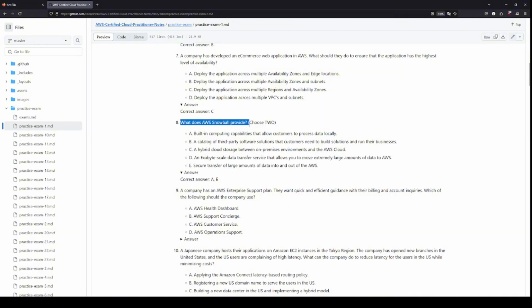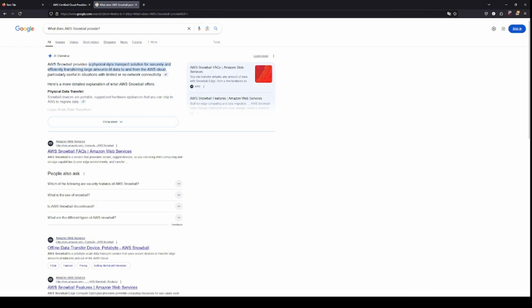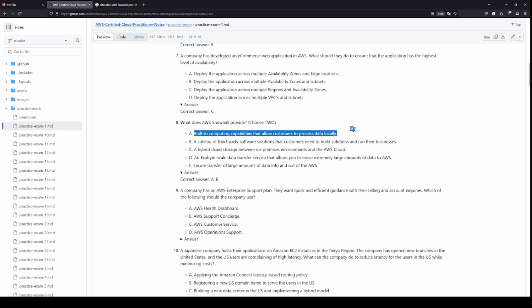A and E. I believe this is inaccurate. D is a physical data transport solution for securely and efficiently transferring large amounts of data to and from the AWS cloud. This is interesting. Oh, D threw me off. I should have thought about this a little more. This is Snowmobile. This is not Snowball. I get the different tiers mixed up sometimes.